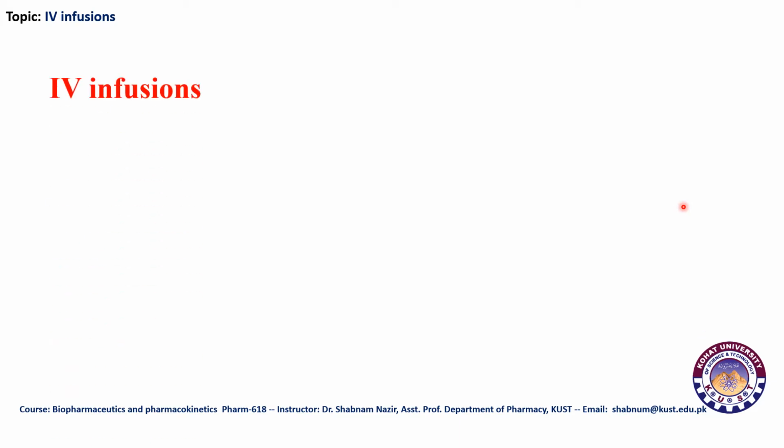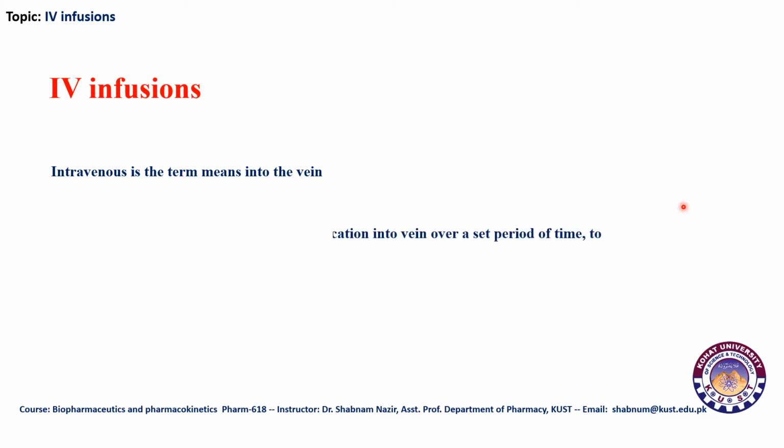So what are intravenous infusions? First of all, let's discuss it. Intravenous is the term that means into the vein, and you know very well that it is not only the intravenous infusion which is administered into the vein, but intravenous bolus administration as well.